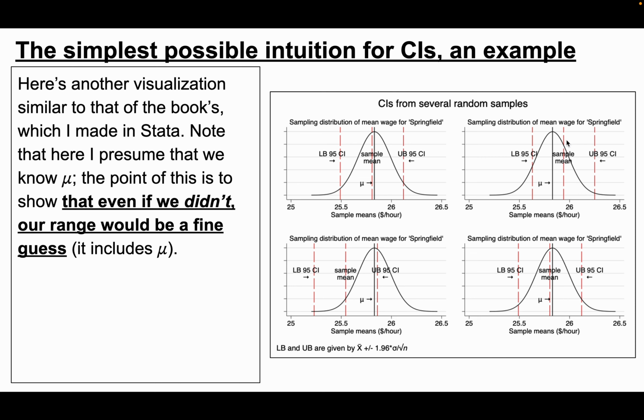Then we add and subtract 1.96 times that standard error. You can see that in each of these cases, we capture the true mean somewhere in there, even though if we only knew the sample mean and not the true population mean mu, we wouldn't know where we are relative to the true mean mu, but we know that the true mean mu is probably somewhere in our bounds.